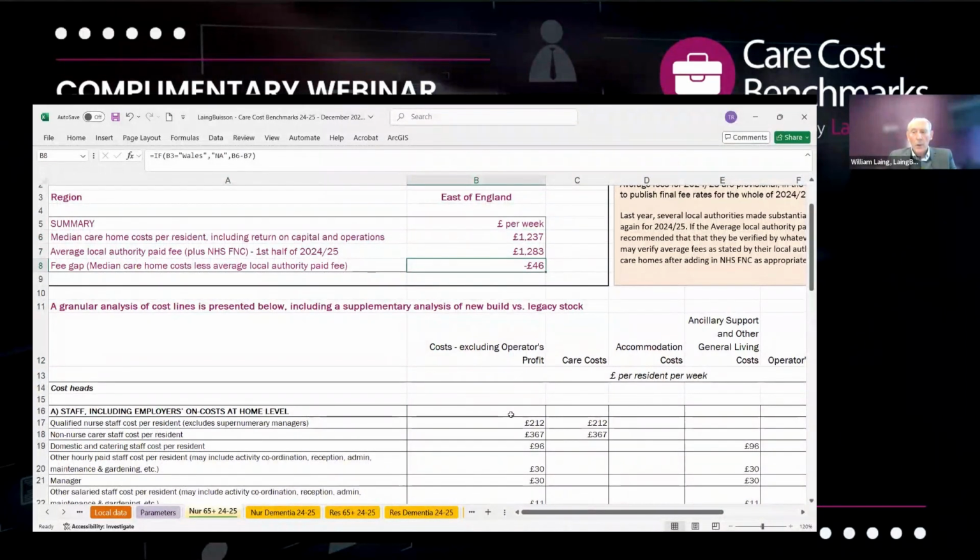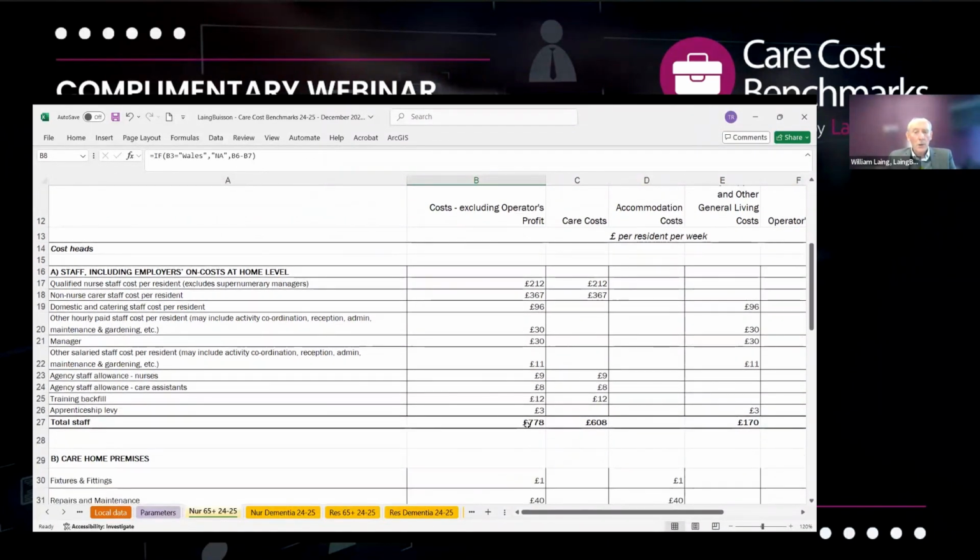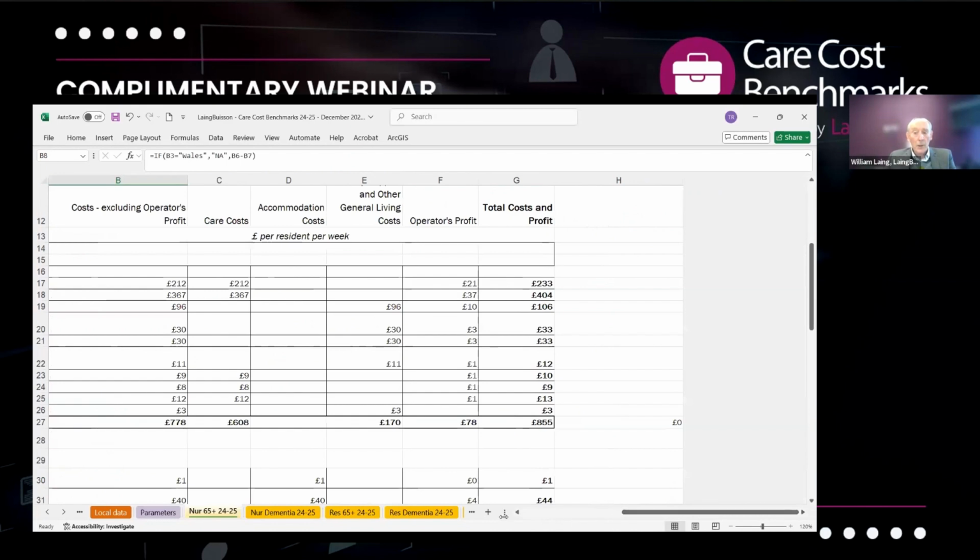But then if you go below that, and I'd just like you, Tim, if you can, to go gradually down there, we see that the costs are divided up into segments: care costs, accommodation costs, ancillary costs, operators' profit in total.